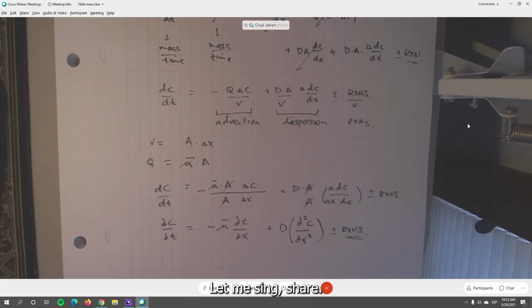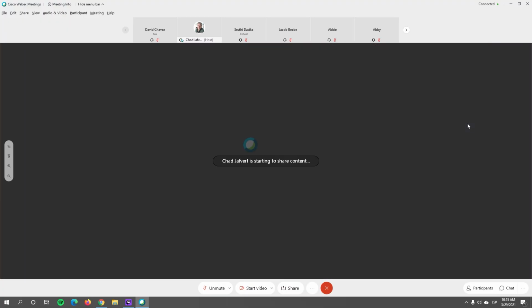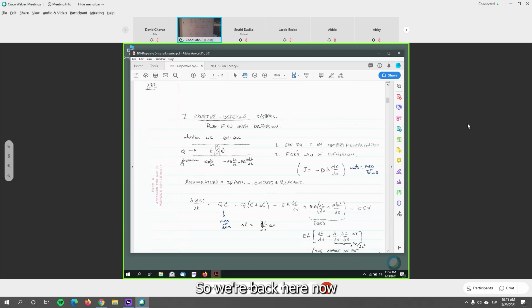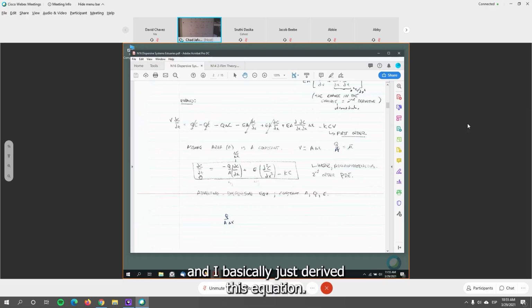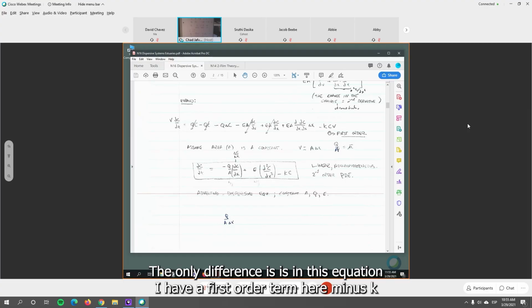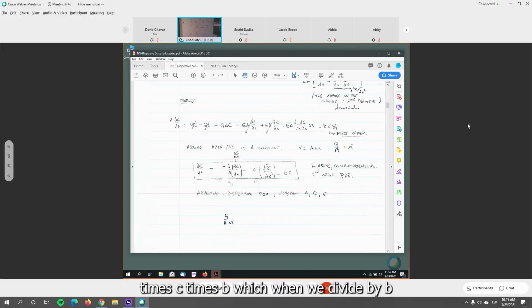Okay, let me see. Share. Okay, so we're back here now, and I basically just derived this equation. The only difference is in this equation, I have a first order term here, minus k times c times v, which when we divide by v, we just get minus k times c. And I've got an e here rather than a d.